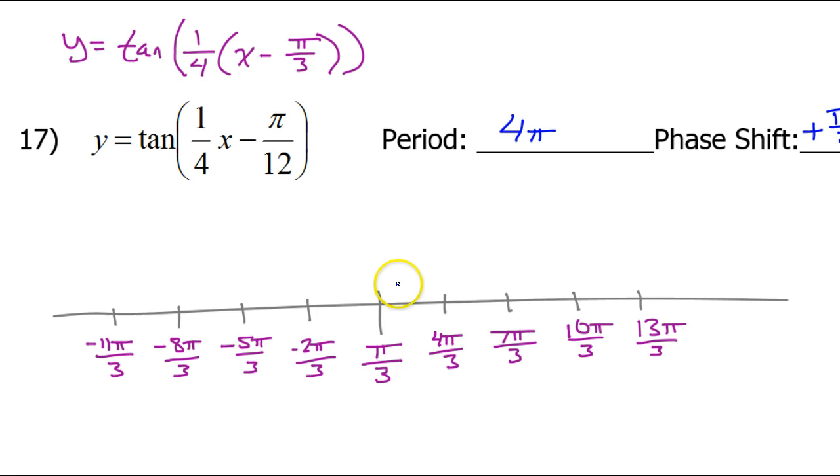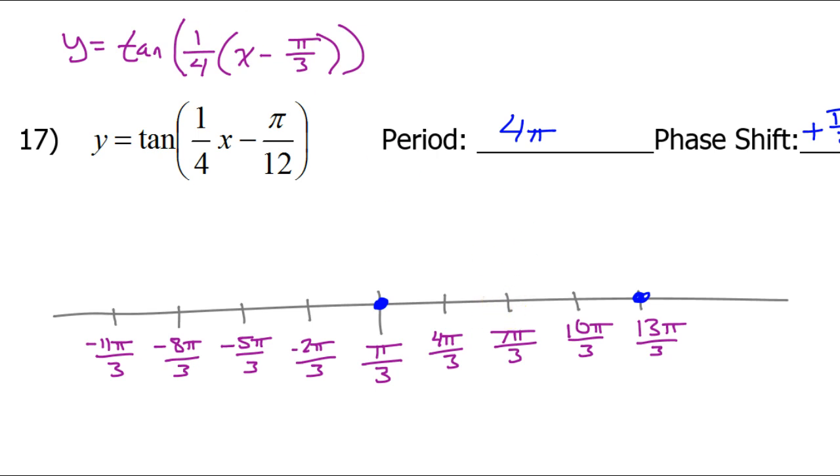Okay, so there's no vertical shift. So this tangent function is going to be right on the x-axis. So it's going to begin at the phase shift, and so 4 positions over will be the end. So it's going to begin and end on the midline.